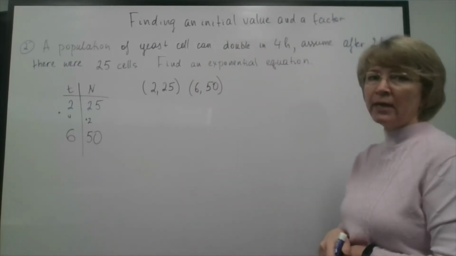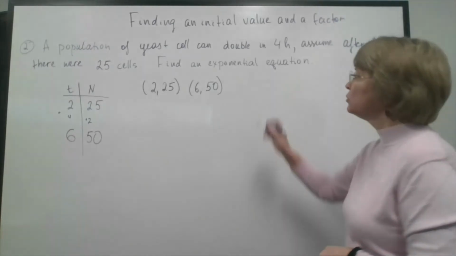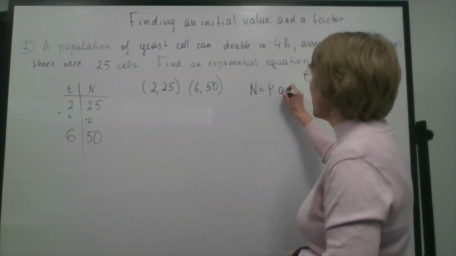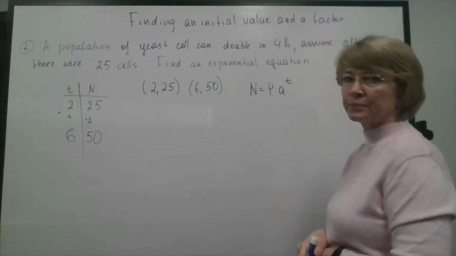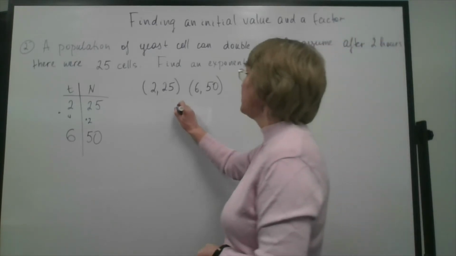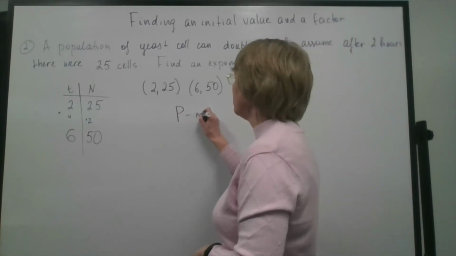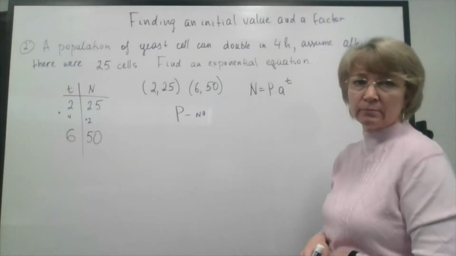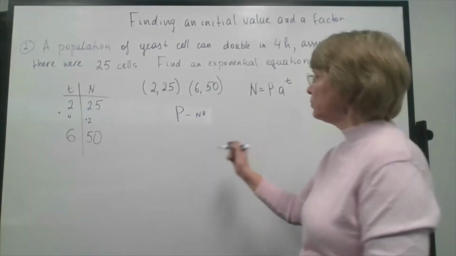We need to find an exponential equation. So the equation is N equal to P times A to the t power. We'll start. Do we know P? No. And right now there is no way to find it. We have to move on. Do we know A?